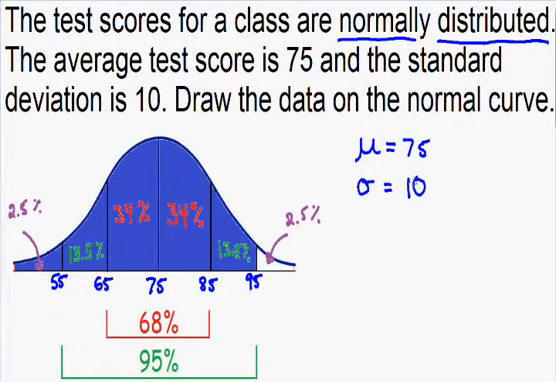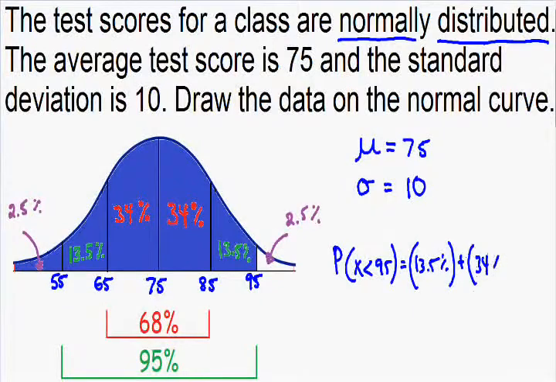Okay, so let's add all those areas together. The probability of a student scoring below 95 is equal to all of the areas below 95 on the curve. So we have 13.5%, we have 34%, we also have another 34%, we also have another 13.5%, and we also have 2.5%.